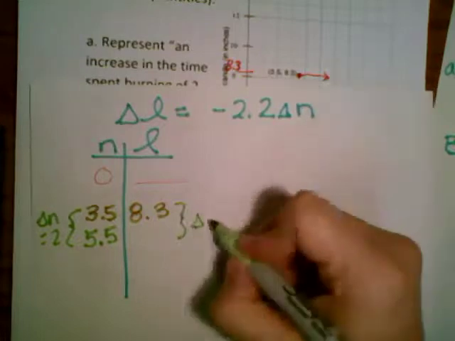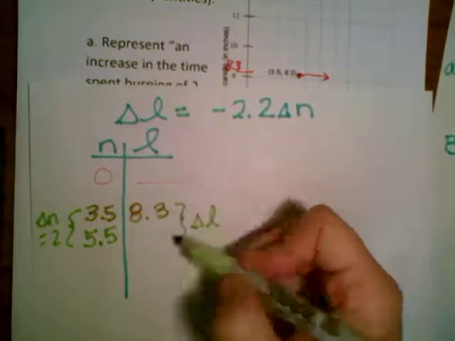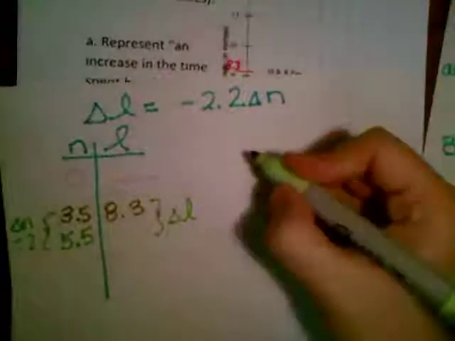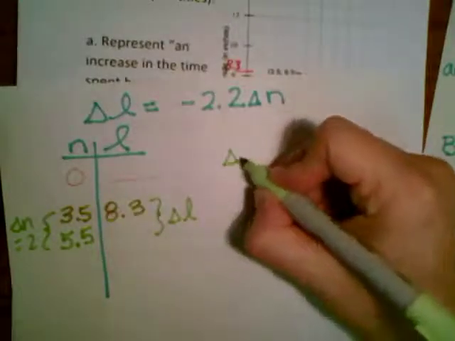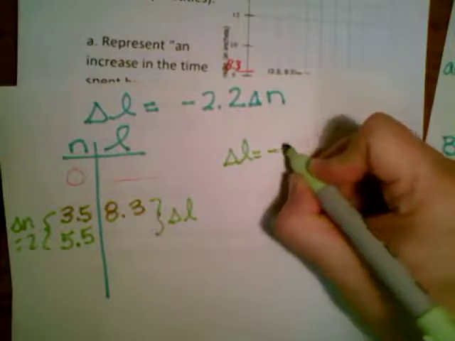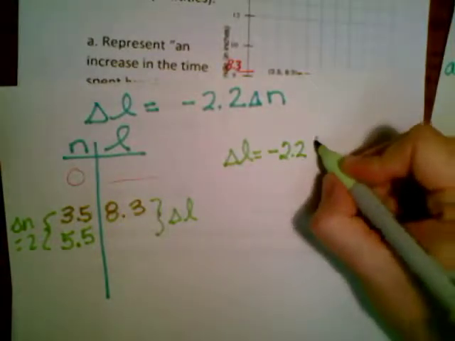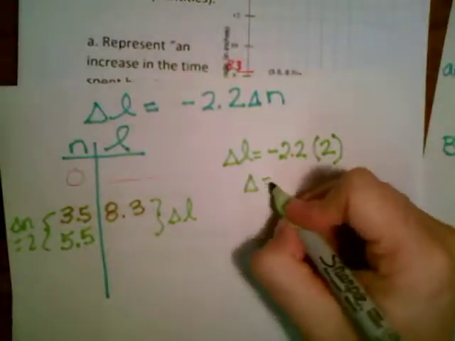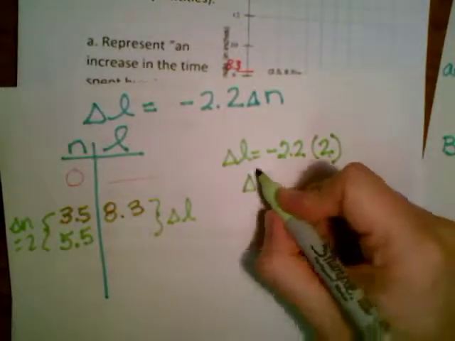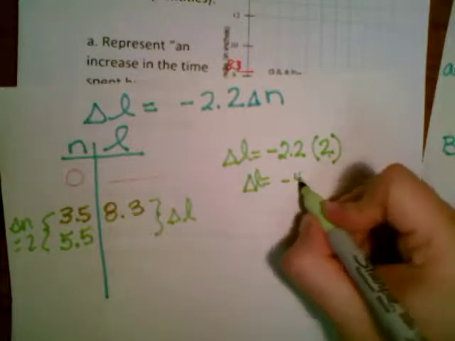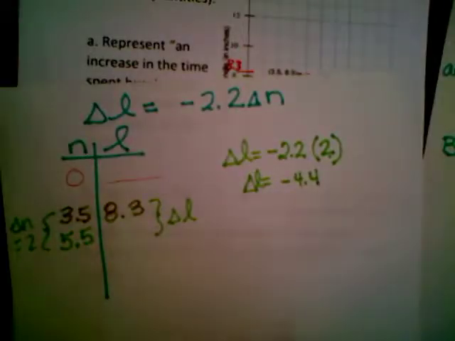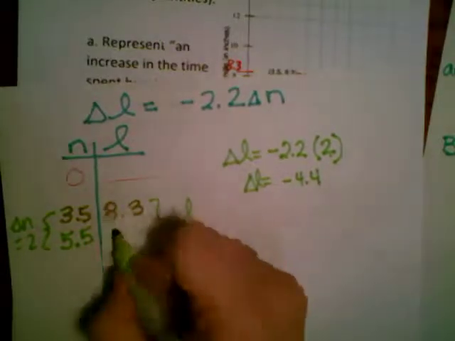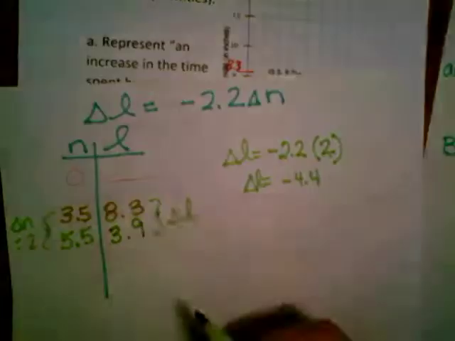What will change in L be? How much will we decrease the 8.3? Okay, we simply need to find the unknown change in L. We take negative 2.2 times the change in number of hours, and we find that in 2 hours, change in L is negative 4.4. So we subtract 4.4 from the current height, which will give us 3.9.